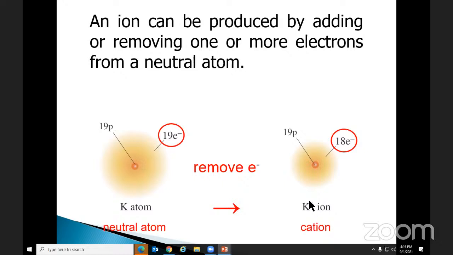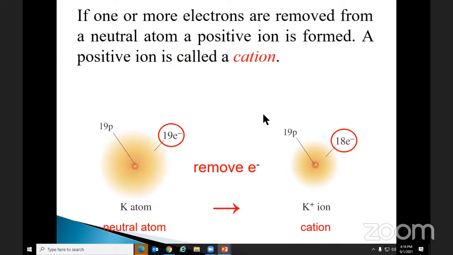So that plus charge basically indicates that the ion is one electron short of the number of protons that is present. The name we call this type of ion, which is positively charged, is a cation, all right? So cations are basically ions that are positively charged.